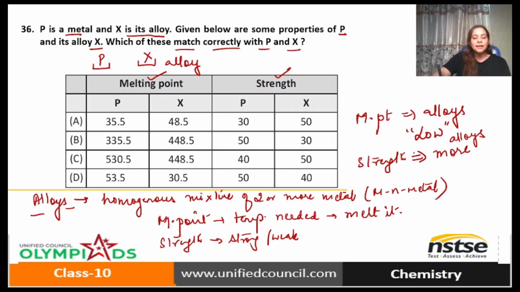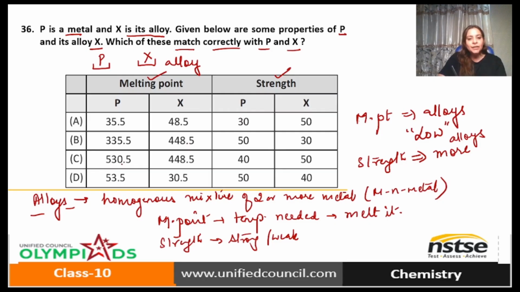So here in this question, the correct option would be C. We have to check all the options. Option A says that melting point of P is 35.5 and melting point of X is 48.5. And second one says 335.5 and 448.5.